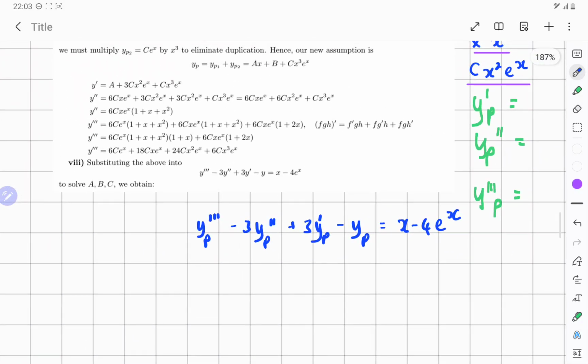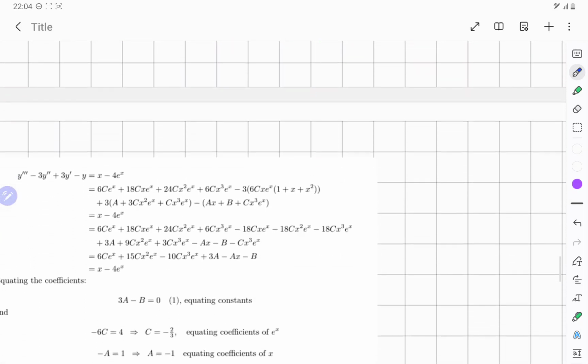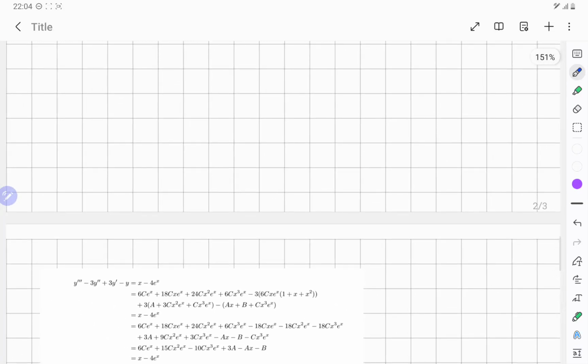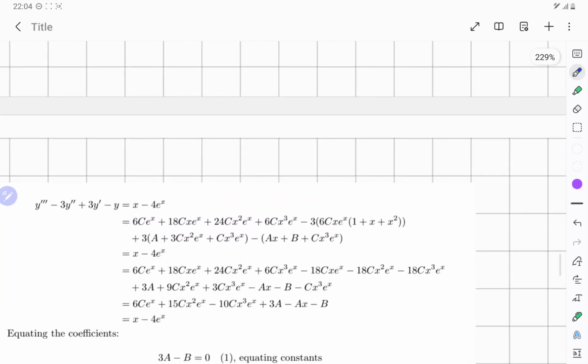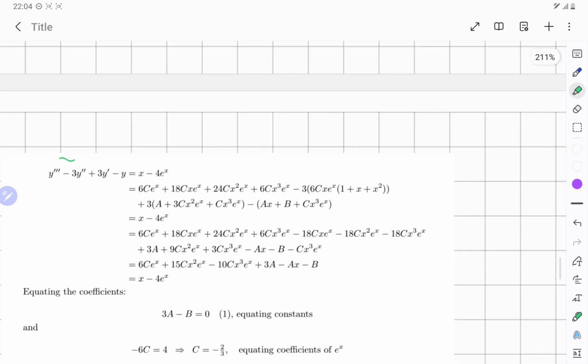So that's what we're going to do. Even in the test, you can remember that this is still your particular solution that you are deriving to be able to substitute. Now what I did in the next step is just the basic maths. So just make sure that you do understand what I'm doing.